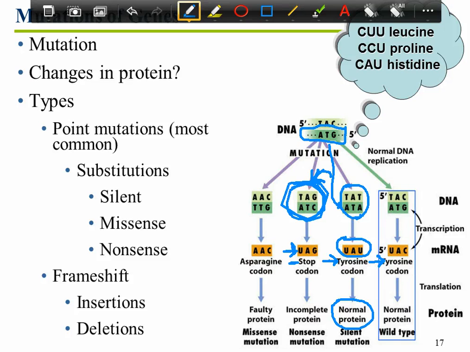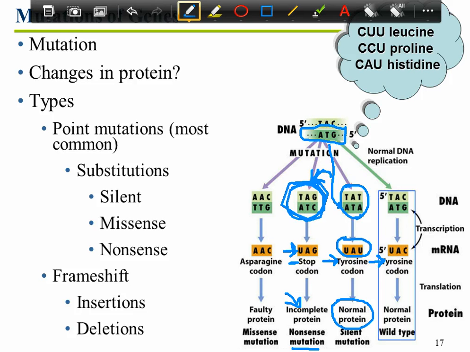So when the ribosome gets to UAG, whether UAG should be there or not, it stops. It thinks it's at the end of the mRNA, finished coding for a protein. So now you get an incomplete protein, and that's called a nonsense mutation, because obviously that protein is not going to be functional.